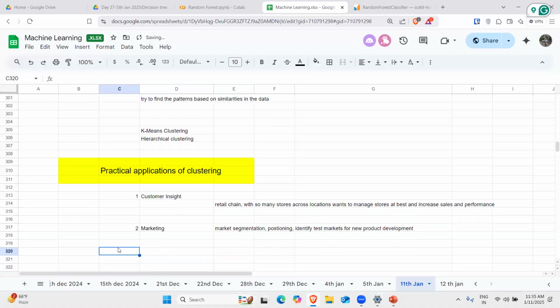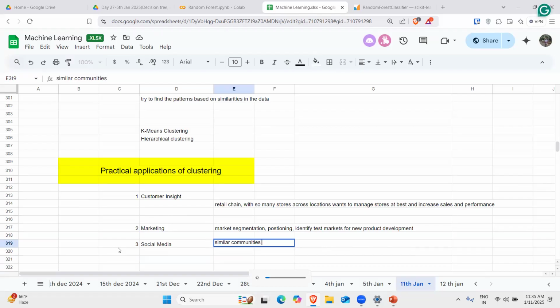And then we have social media. In the area of social networking and social media, cluster analysis helps us identify similar communities within a larger group, right?